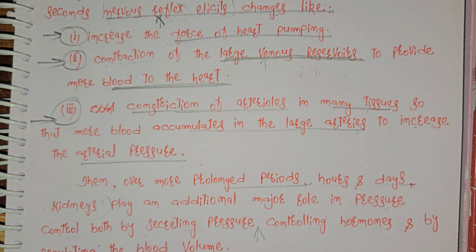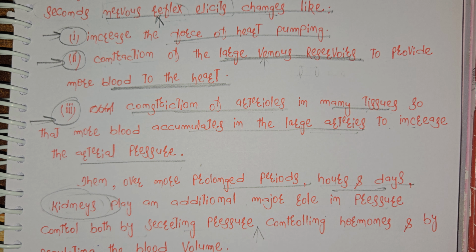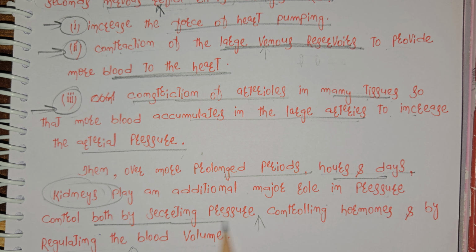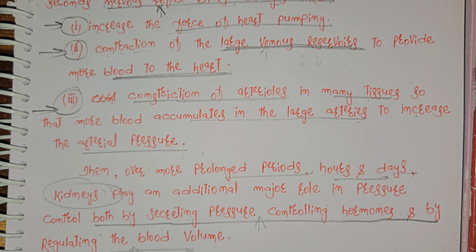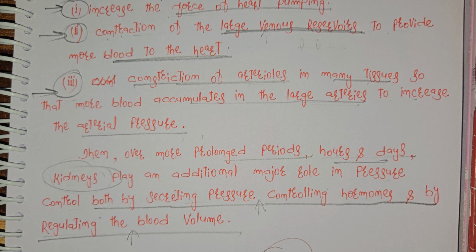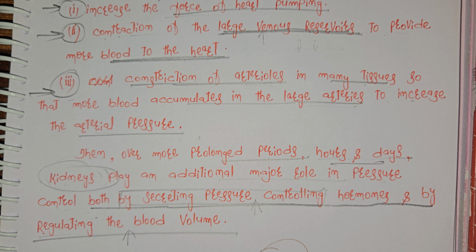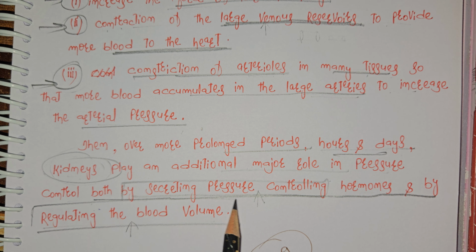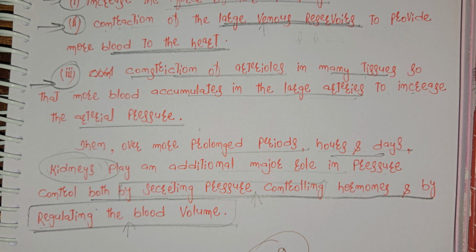Over more prolonged periods, hours or days, the kidneys play an additional major role in pressure control by secreting pressure controlling hormones and by regulating the blood volume.